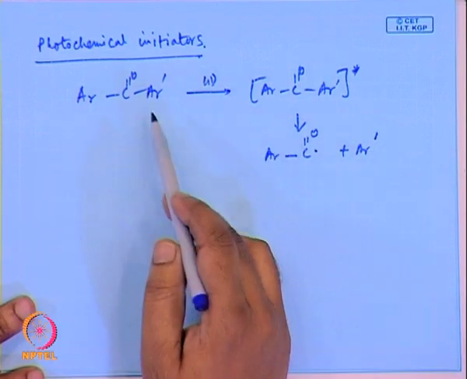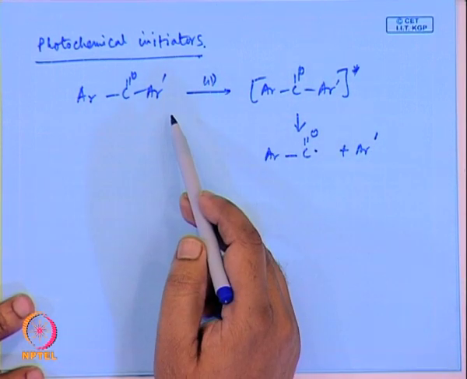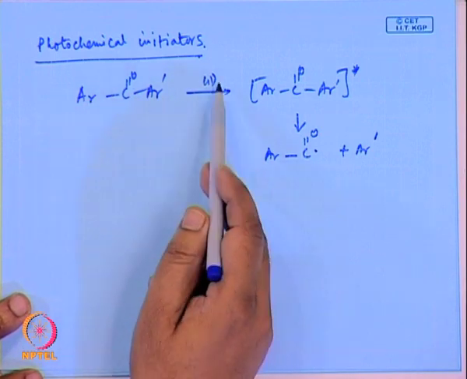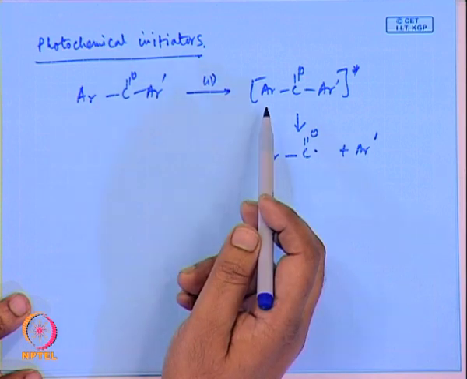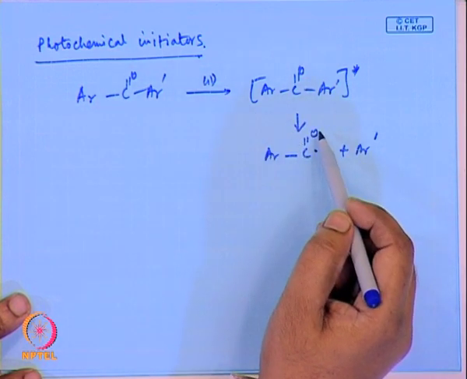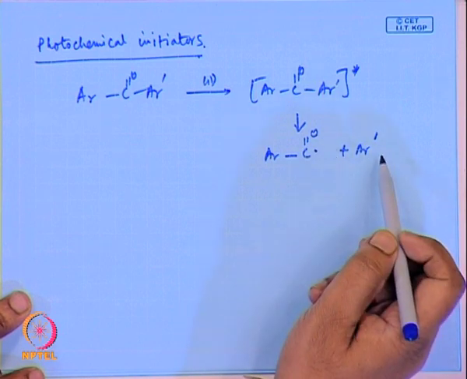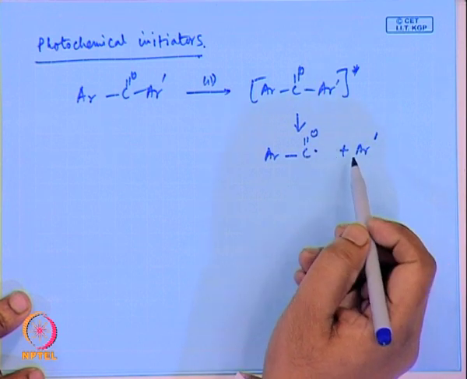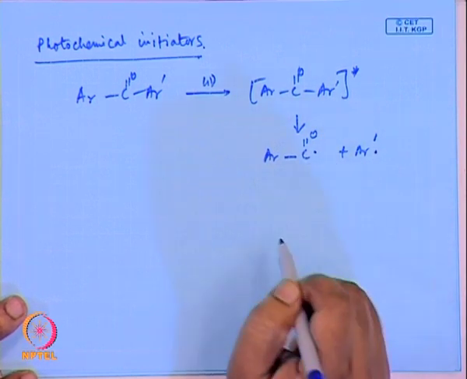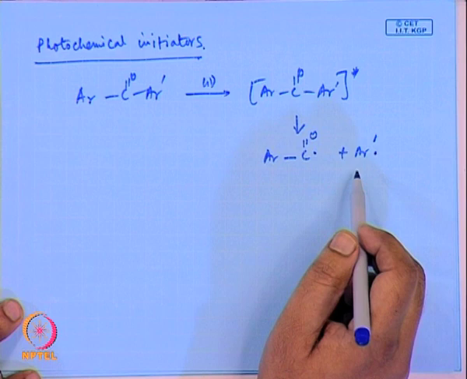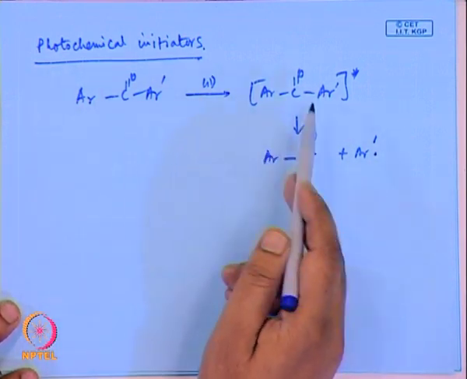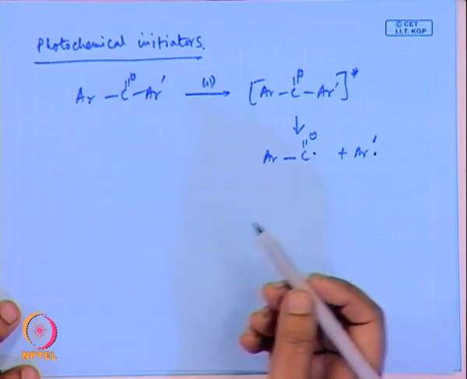On photo irradiation, these molecules can absorb a photon and go to a higher excited state, which can dissociate to form a couple of radicals. Now, this can also react with or photosensitize another molecule.